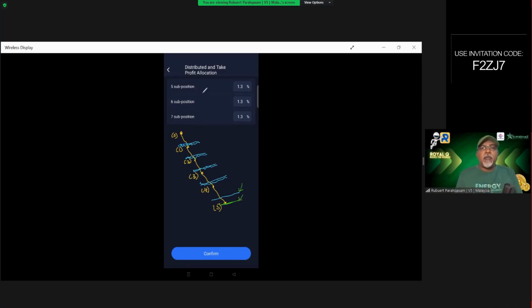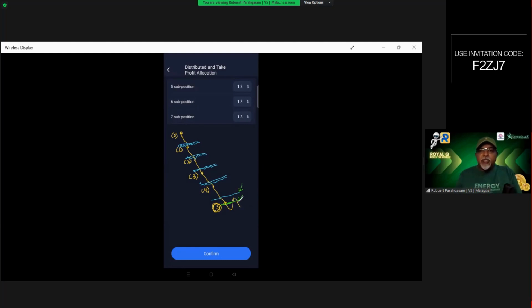Now if the market were to move up by 1.3% here, layer 5 can be sold separately, and we take the profit. And maybe the market, instead of crossing the whole average price, goes down again.